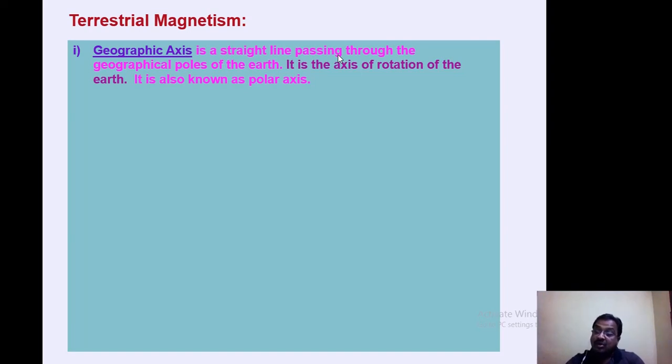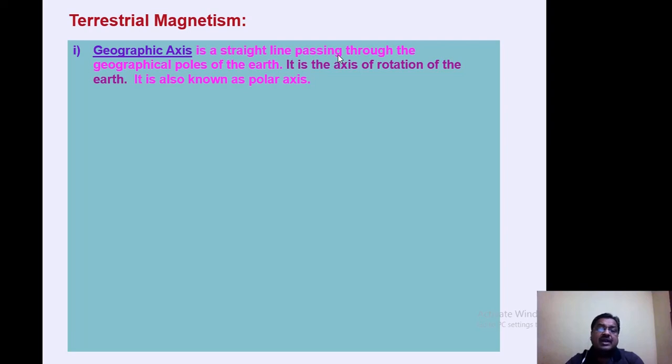And the south pole of the imaginary magnet will lie in the northern hemisphere near geographic north, and the north pole of the magnet lies in the southern hemisphere near geographic south. Actually all these are imaginary concepts. There is no such magnet which can exist at the center of the earth, because the center of the earth is so hot that it is not possible for magnetism to exist.